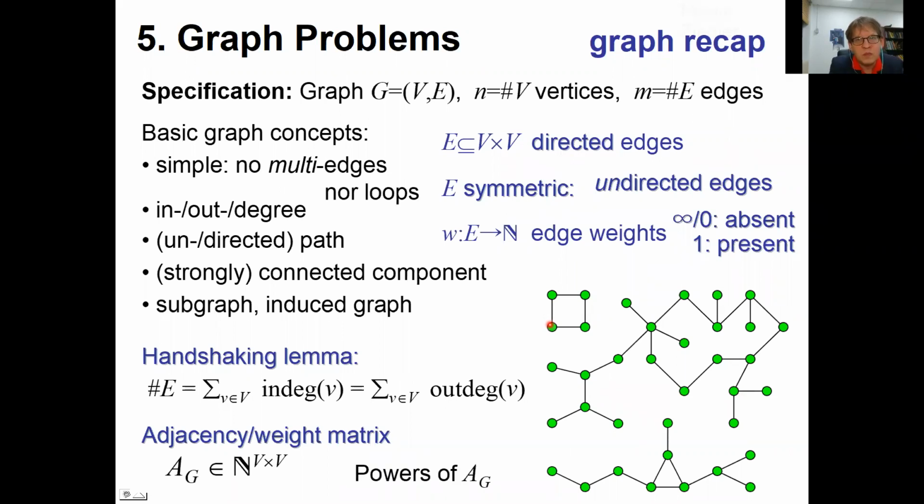Since we talked about the adjacency matrix, recall that the adjacency matrix is a square matrix. We can multiply two square matrices to get another square matrix, and in particular, we can square a square matrix.